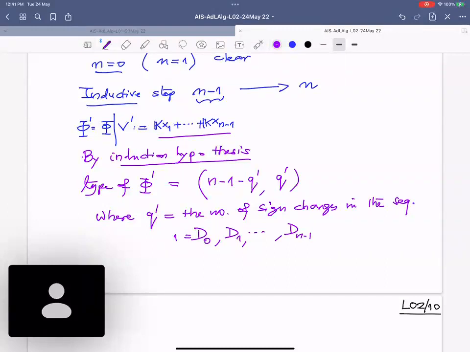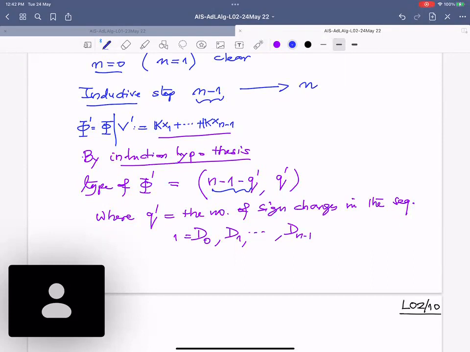Now what do I want to apply? Sylvester's law. So what does Sylvester's law say? For this form, the diagonal has 1 so many times, and minus 1 so many times.